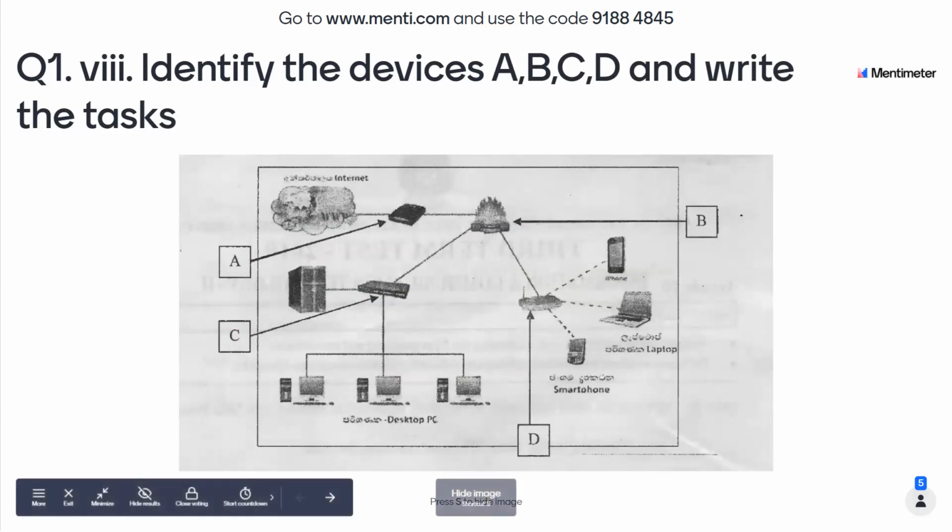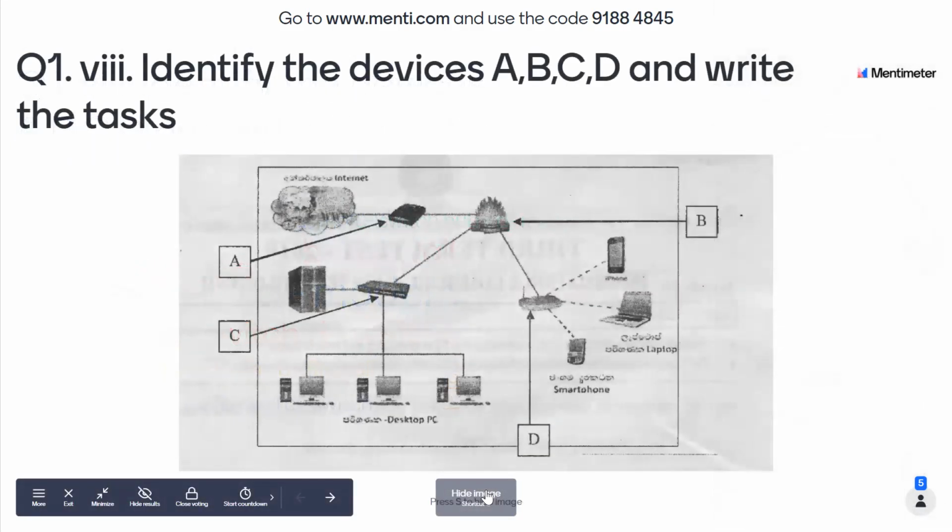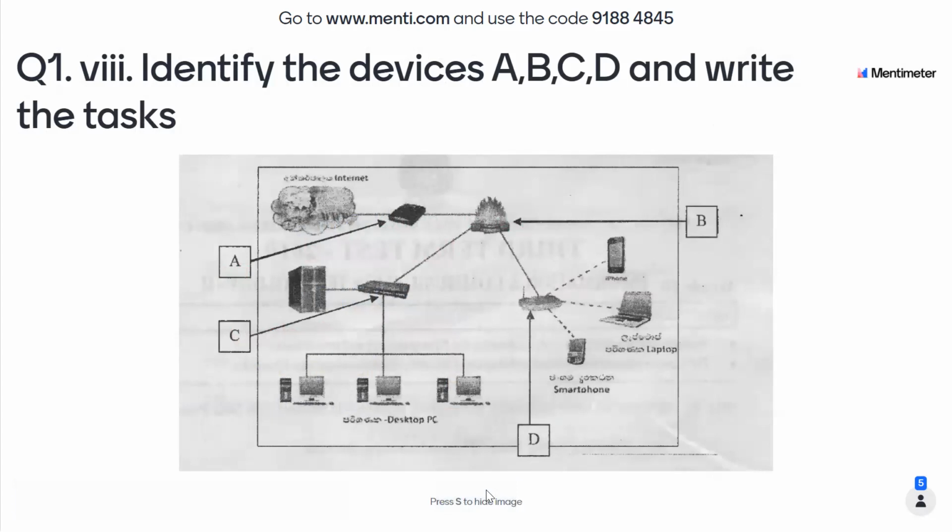You didn't write down the tasks. You are supposed to write down the task as well. The question has two parts: identify and write the tasks. So a modem modulates and demodulates, which means computers use digital signals, while the telephone line has analog signals. So it will convert analog to digital and digital to analog, and that is what a modem does.